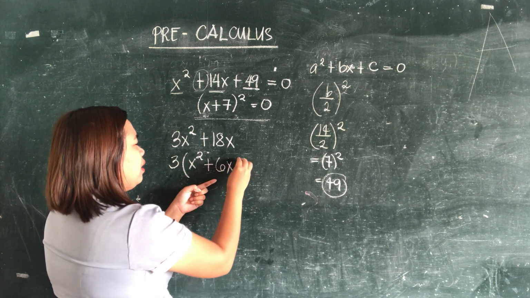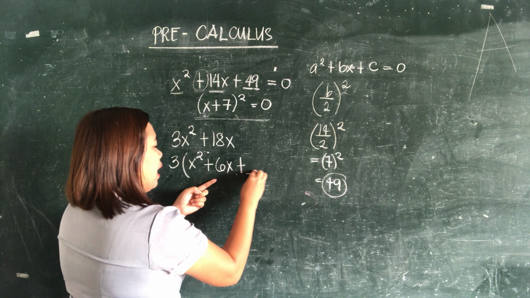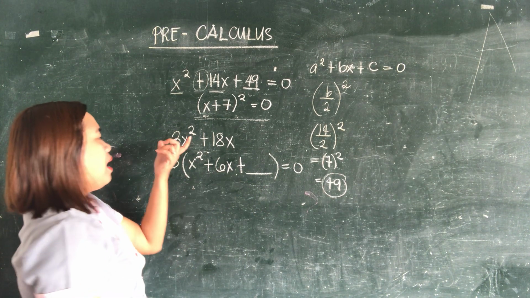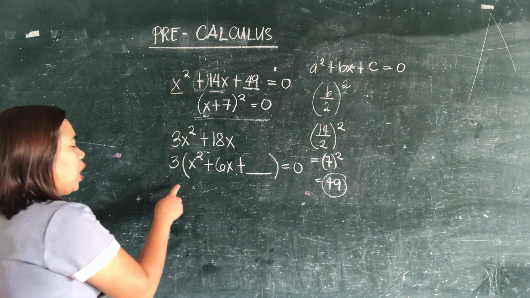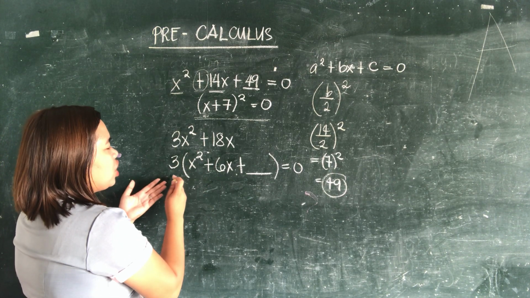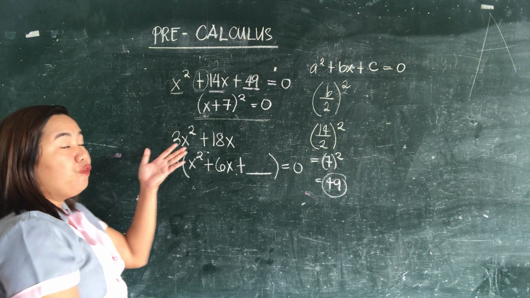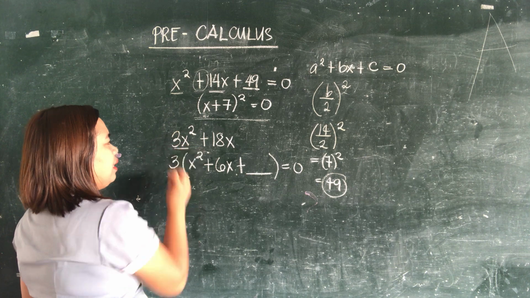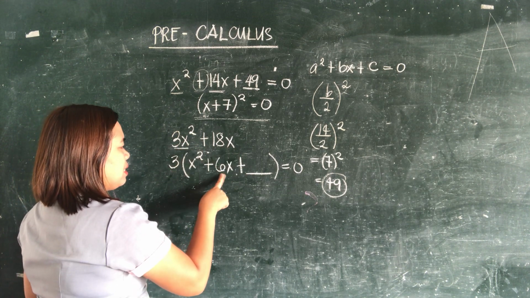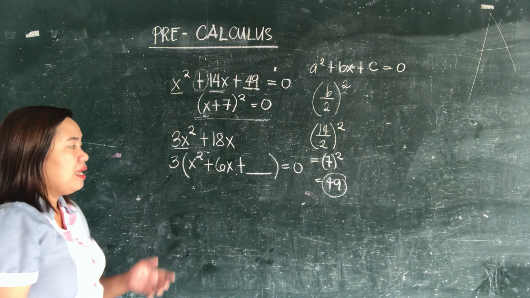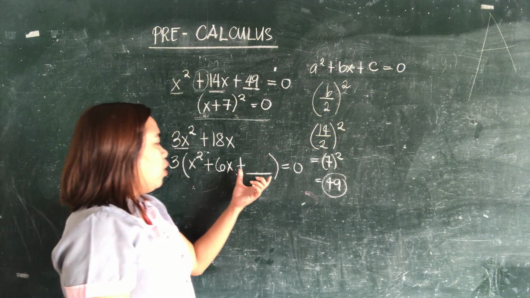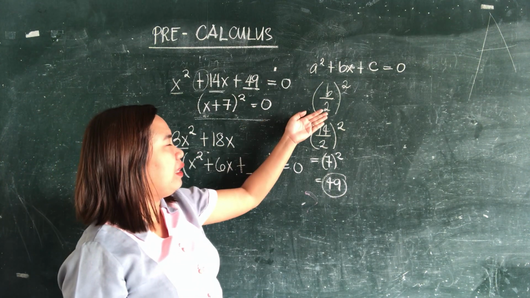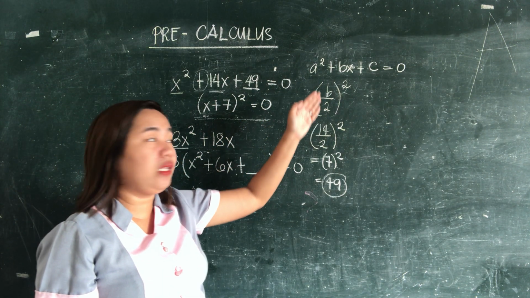Once na na-factor out mo na, that's the time to add blank equals 0. Bago ka mag-complete ng square, again, i-factor out muna siya. So if you're going to check, wala siyang nagbago. The same pa rin yung value niya, kahit finactor natin. Kasi 3 times x squared is 3x squared, and 3 times 6x is also 18x. Now, in completing the square on this part, all you have to do is apply again yung ating b divided by 2 quantity squared.